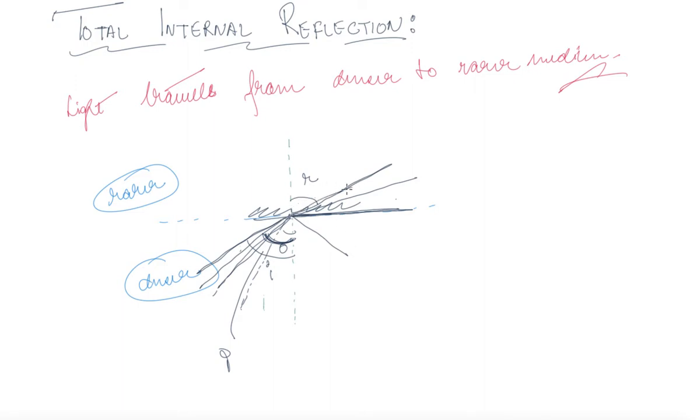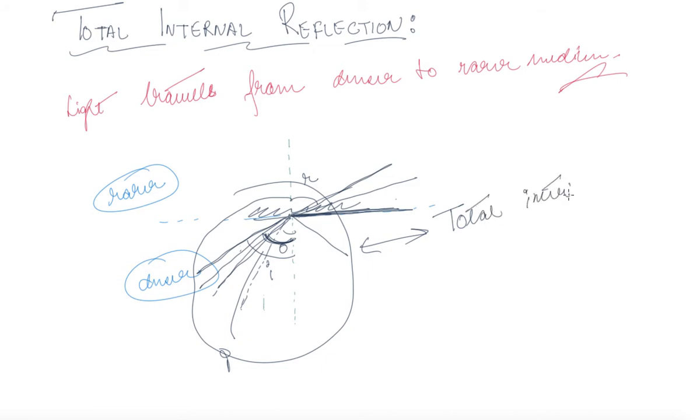So after some time, we see that this ray is totally reflected back. So there occurs the phenomenon of total internal reflection. You can see that this has been reflected internally, and this is what is called total internal reflection.